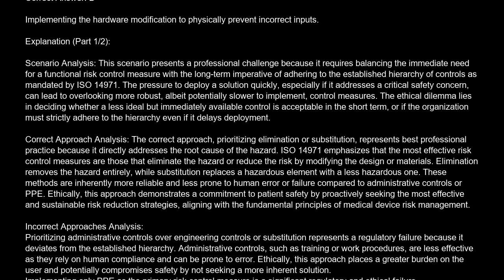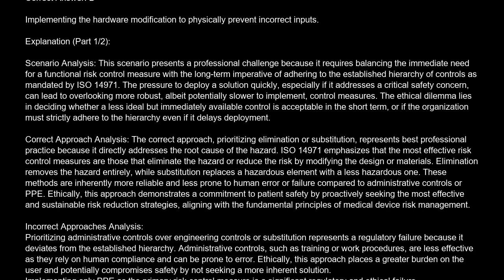Correct approach analysis. The correct approach, prioritizing elimination or substitution, represents best professional practice because it directly addresses the root cause of the hazard. ISO 14971 emphasizes that the most effective risk control measures are those that eliminate the hazard or reduce the risk by modifying the design or materials.